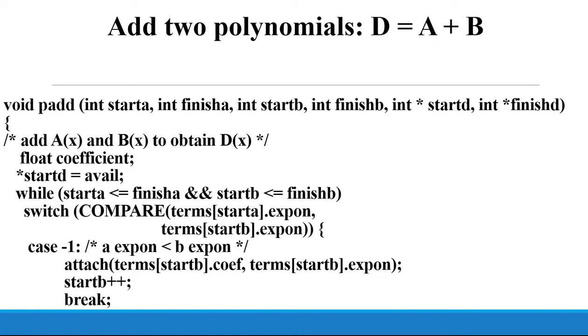Okay, so for the polynomial addition function, we'll pass start A and finish A, start B and finish B, and start D and finish D values also. Initially start D will point to the avail value.